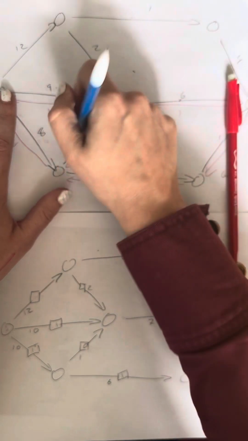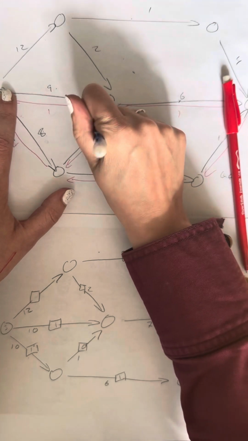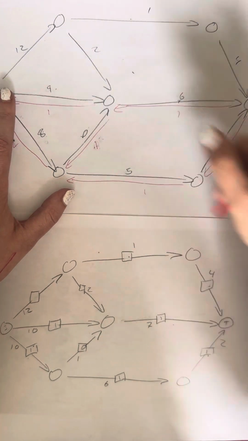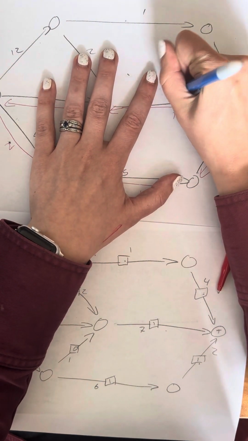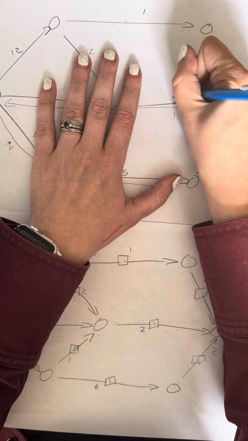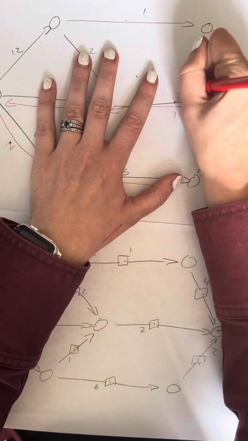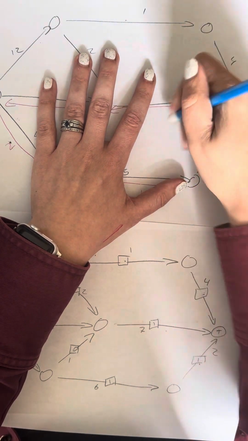This one becomes 0 and 1. And this one becomes 7. This one becomes 5. And this one becomes 2.